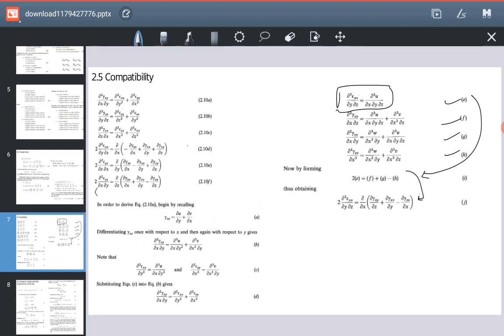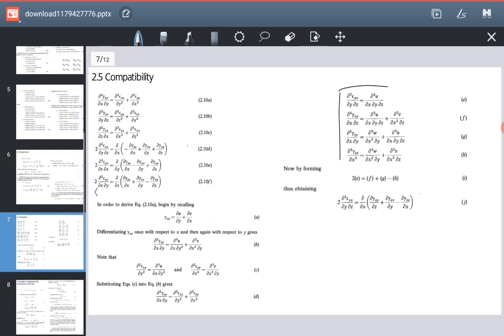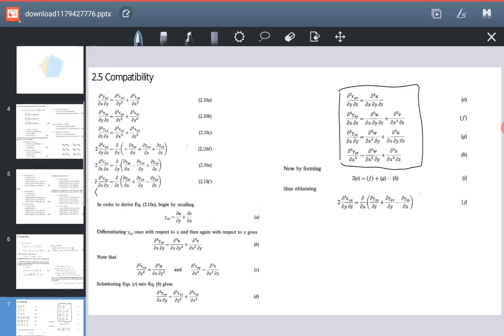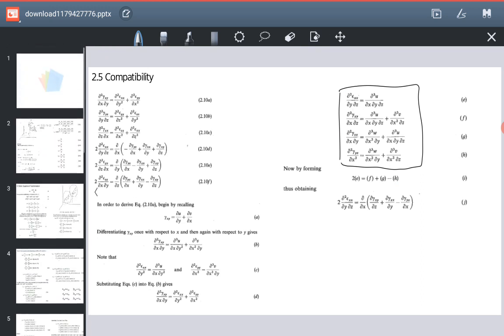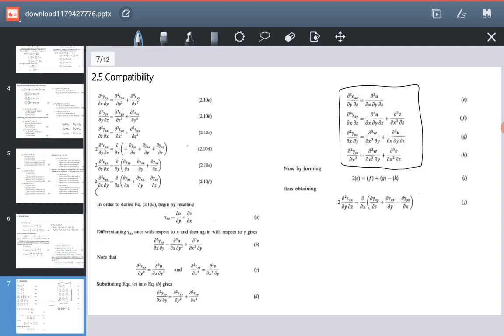And what they have done actually is that they derive these 4 identities individually by differentiating them, beginning from this, using this and this, as well as this. So let us see if you can come up with just one, the rest you can do easily.